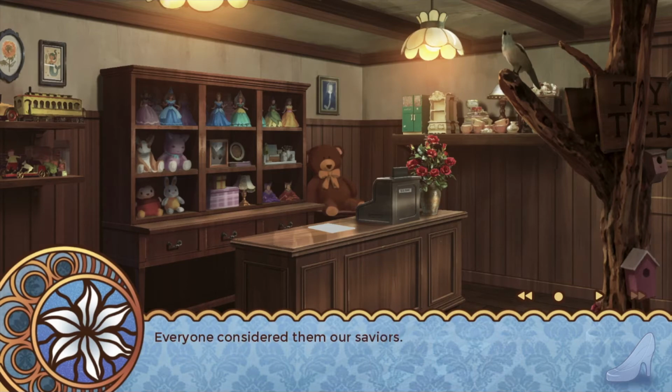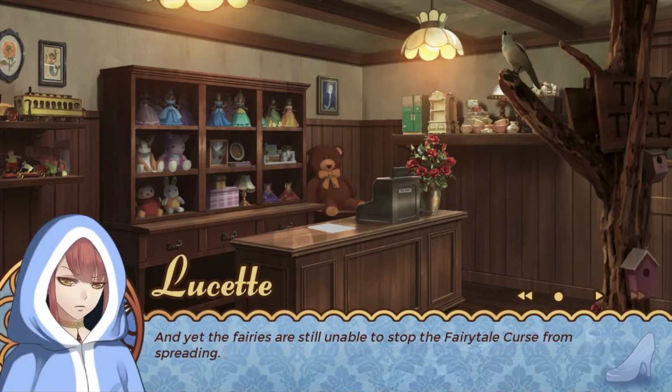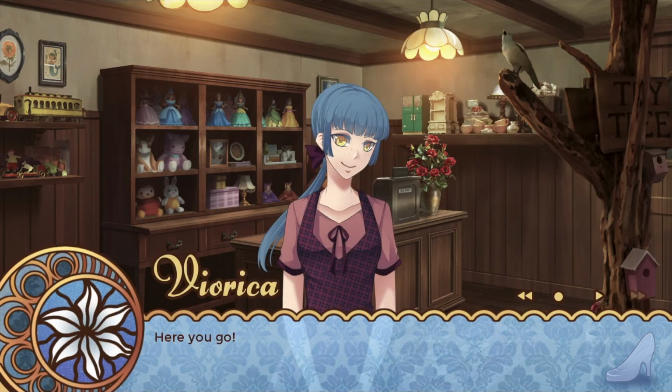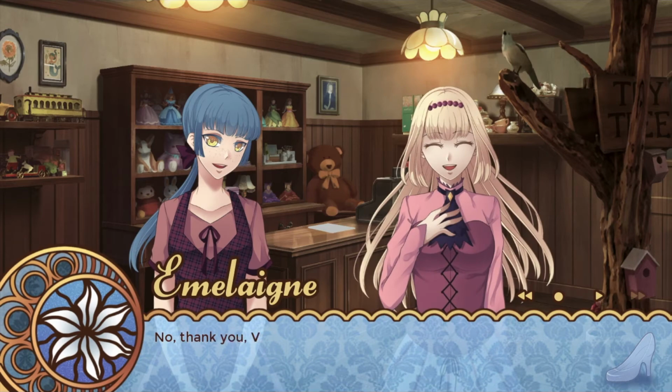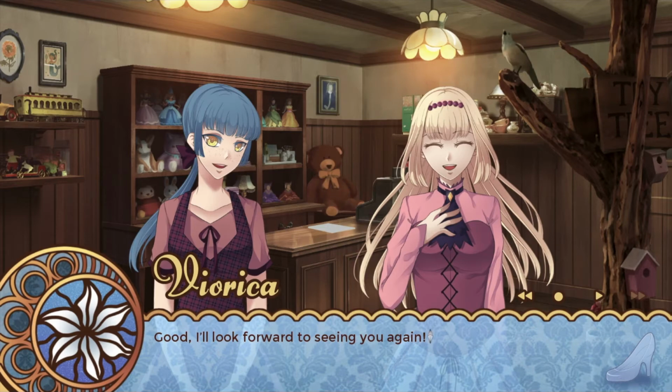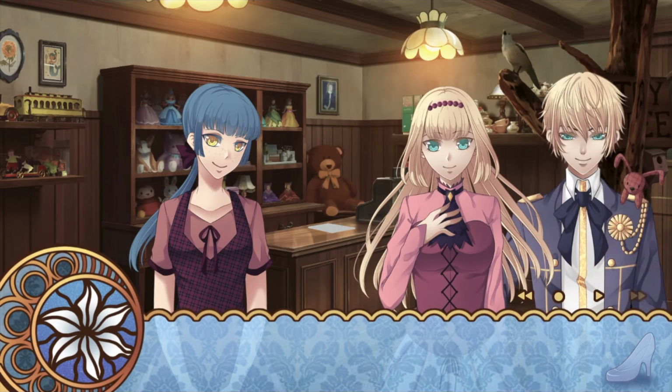Everyone considered them our saviors, and yet the fairies are still unable to stop the fairy tale curse from spreading. Here you go. Thank you so much. No, thank you, Viorica. I hope to drop by again soon. Good luck. I'll look forward to seeing you again. I hope to see you again soon as well, Rod. Likewise.